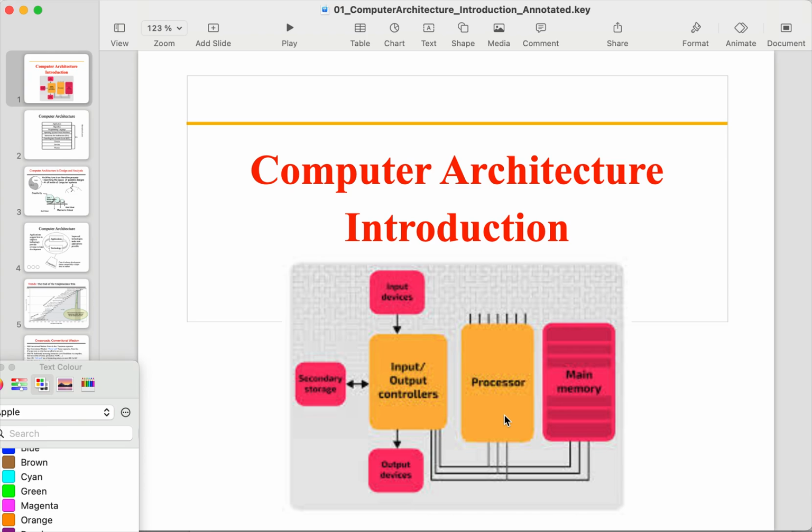The primary things we will be discussing are the processor or the central processing unit, the main memory, input-output devices, and secondary storage. All of these things comprise the internal parts of the computer and are subject to the computer architecture lessons.